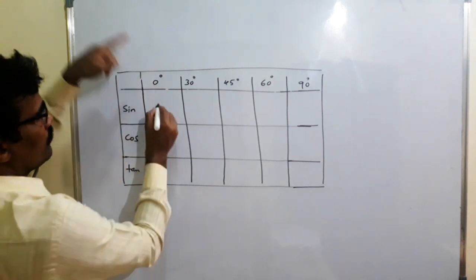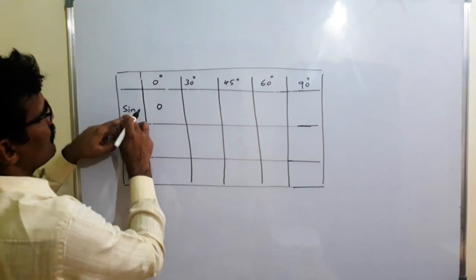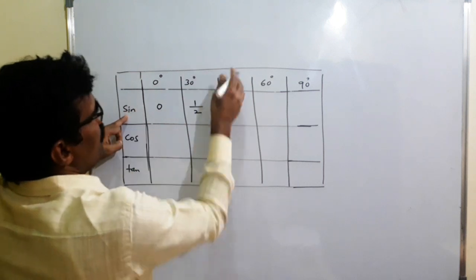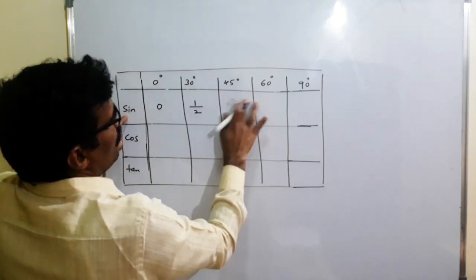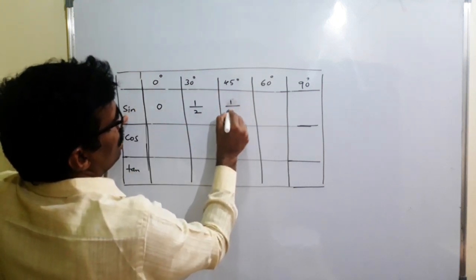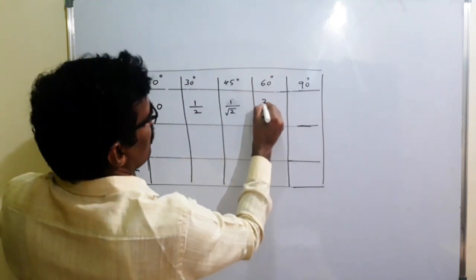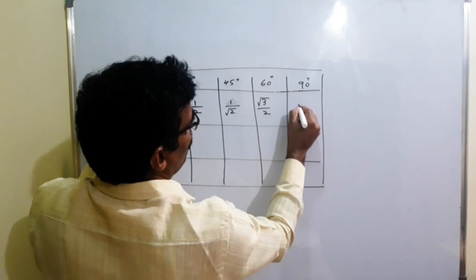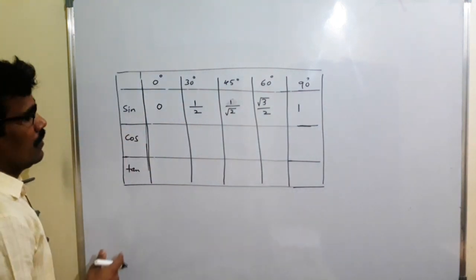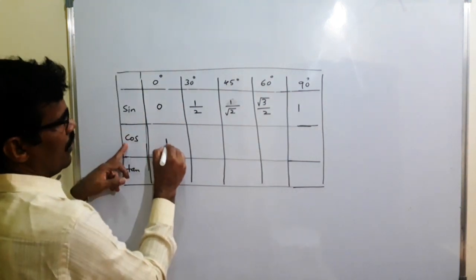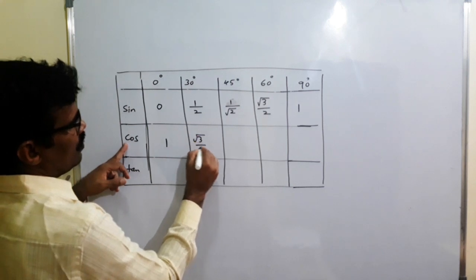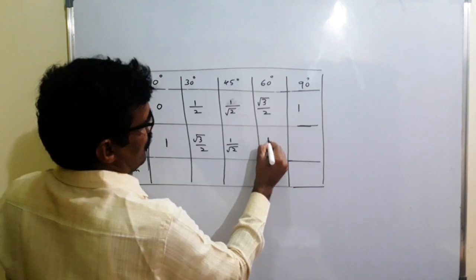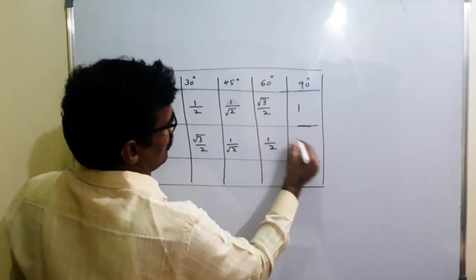Sine 0, 0. Sine 30, 1 by 2. Sine 45, 1 by root 2. Sine 60, root 3 by 2. Sine 90, 1. Cos 0, 1, root 3 by 2, 1 by root 2, 1 by 2, 0.